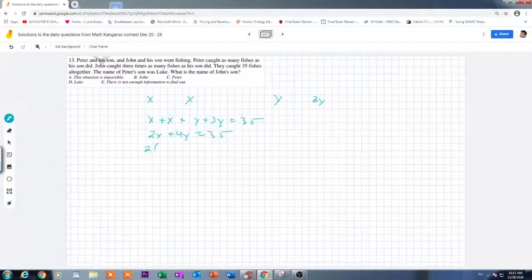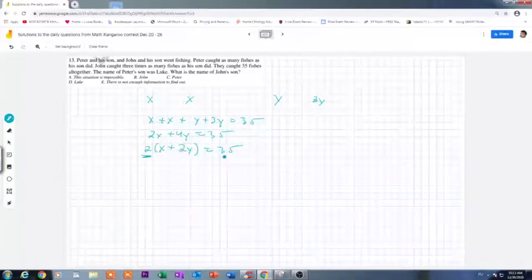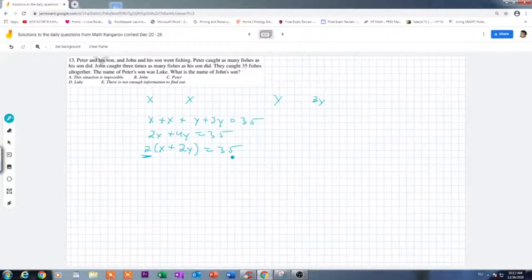Then, on the left hand side we have an even number, right? It's multiplied by 2, and on the right hand side we have an odd number, which is 35, and it doesn't make sense, right?